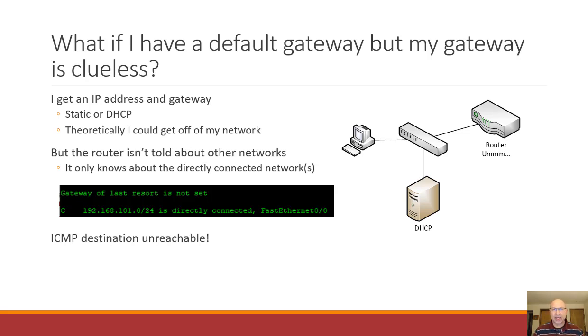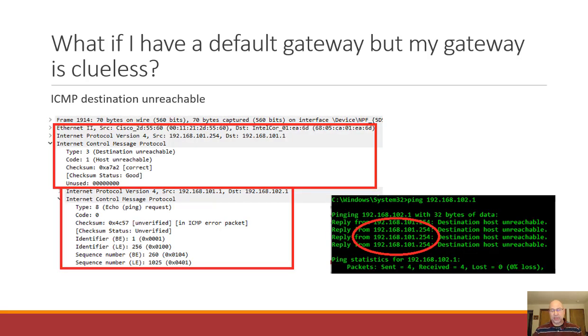And the answer is an ICMP destination unreachable. Now pay attention here. This is one of the big differences. We just said that we get an ICMP destination unreachable. So if you look in the bottom right, you can see that I tried to ping 102.1 and I get destination host unreachable. And it looks a lot like the one from the previous slide. But it's not, because this one came from 101.254, a router.